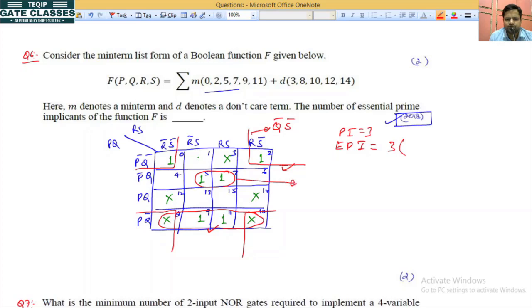Now go for this, so it will be P bar Q from the row, and from the column it is S. Go for this one, so it will be P Q bar, but for the column nothing is common, so we will write it here.